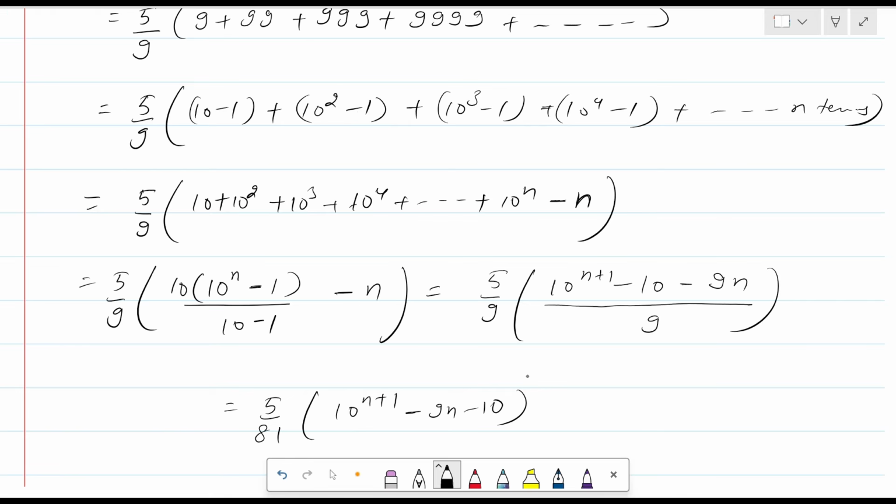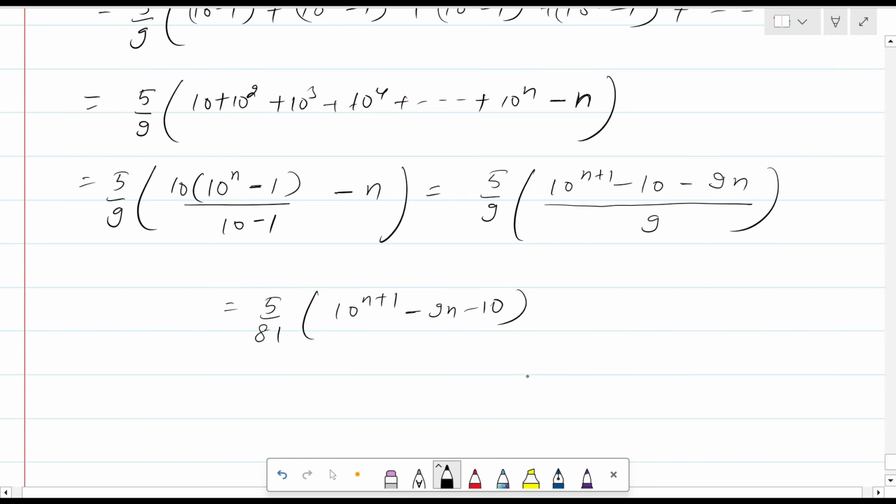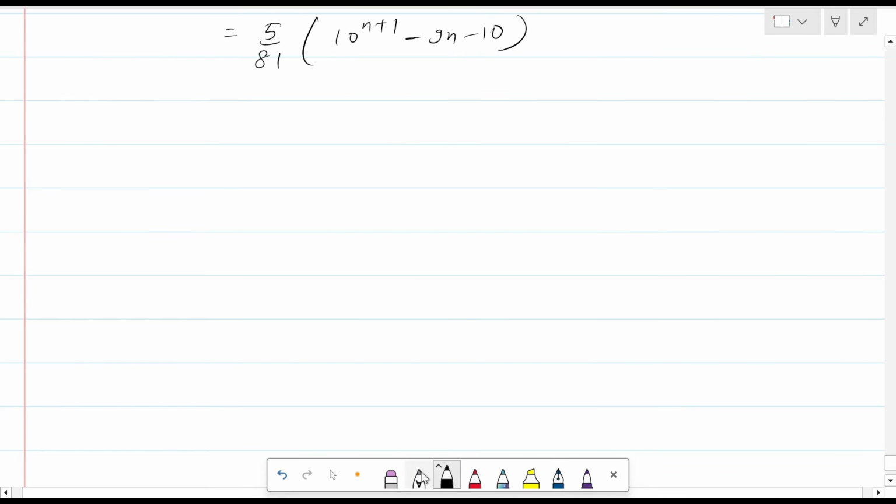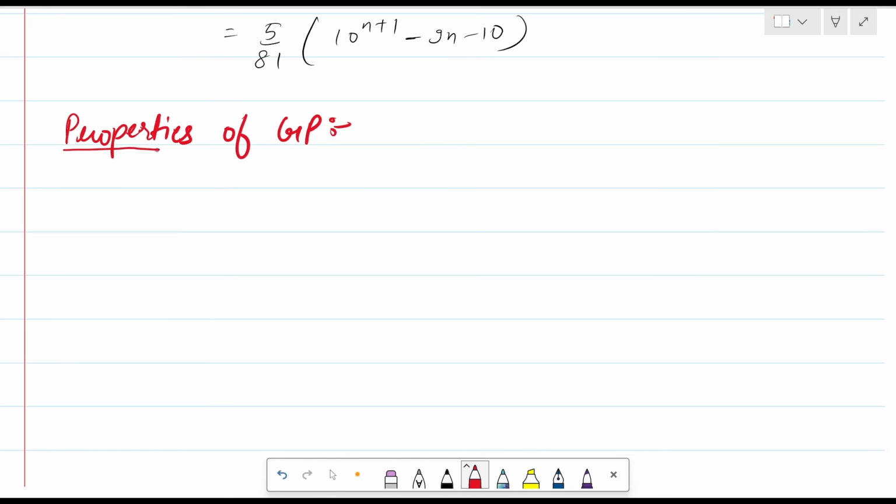Okay, have we got it? So now we are writing some properties of a GP.